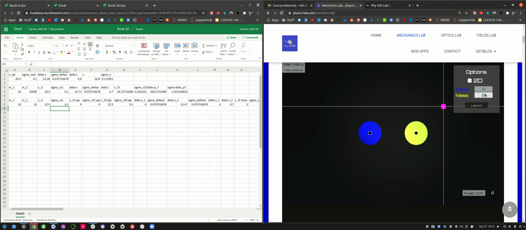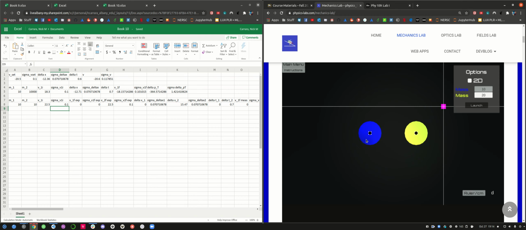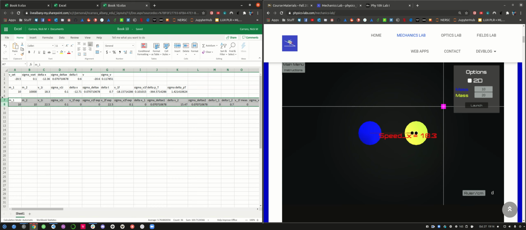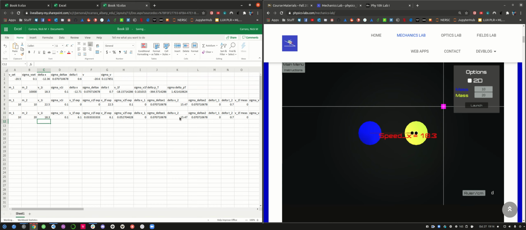So leave the blue one at 10, set this one at 20. And again, we want to send the blue one to the right at some velocity between 15 and 25. I guess I'll just pick 18.3. And we can copy all this because we're going to compute the same type of stuff. That's going to get changed to 20. This is going to get changed to 18.3.